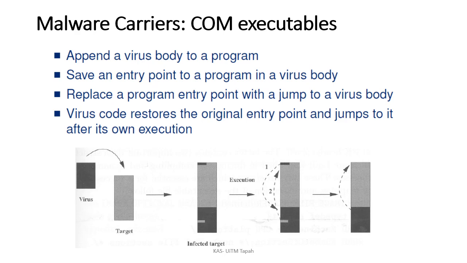The virus code makes a copy, and when the copy is made it replaces the entry point and jumps to the virus body instead of going to the original file. Then it restores the point and jumps to its own execution. So that is why your computer becomes abnormal.